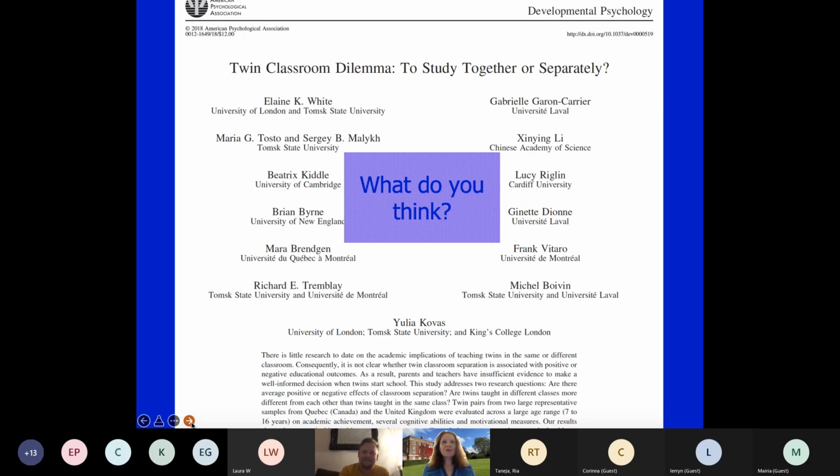Some people say twins should be raised together, and for that they cite a very well-established closeness between twins, the very close emotional bond, they support each other, and so separating twins may be a very traumatic event for them.